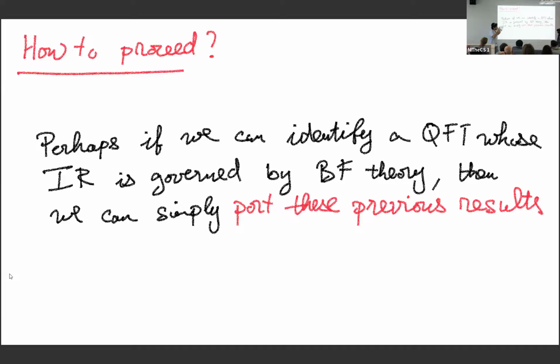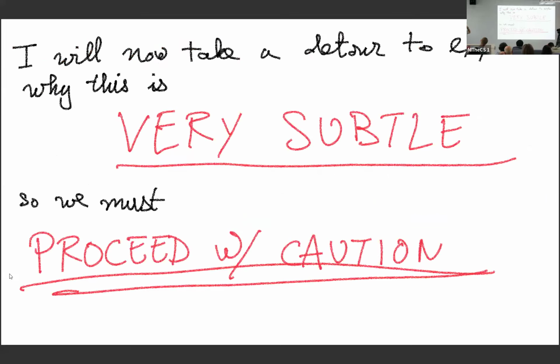So in flat space, we might argue, well, if the IR is governed by the same physics, then if we only care about long distance stuff, maybe we can port these results and they would be useful. But remember, in de Sitter, the theory is time dependent. The Wilsonian paradigm doesn't work. We have to be very careful when we make any such claims.